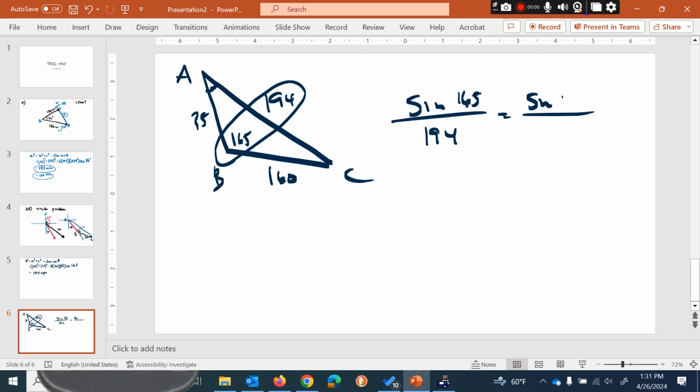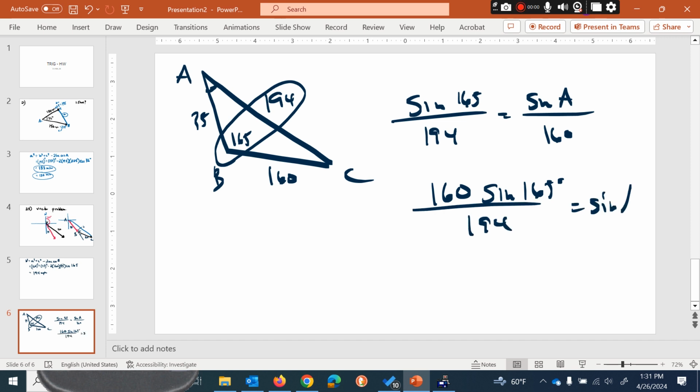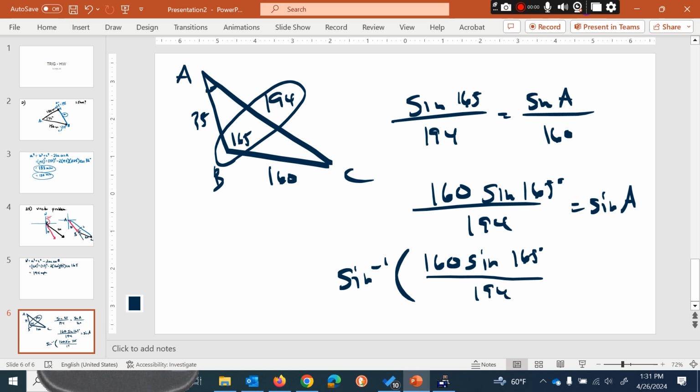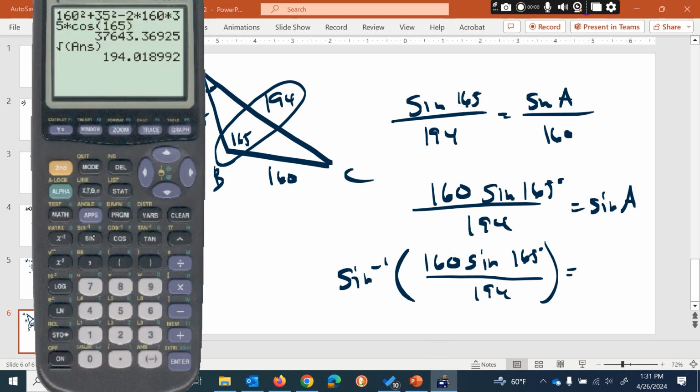ABC, and what I'm trying to do is angle A over 160. So multiply that out. 160 is on top here. 160 sine 165 over 194 is equal to sine of A. Therefore, we're looking for an angle measurement of that. Inverse sine of 160 sine 165 over 194. Let's go with it here.